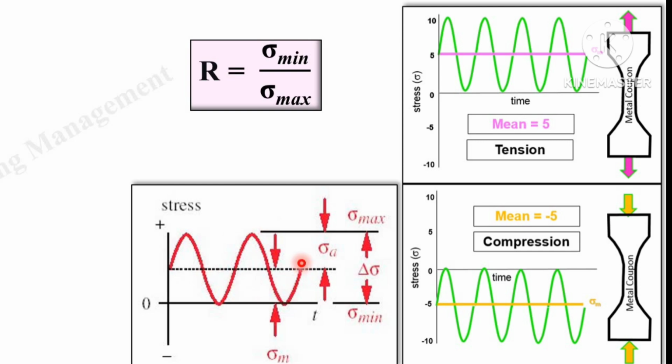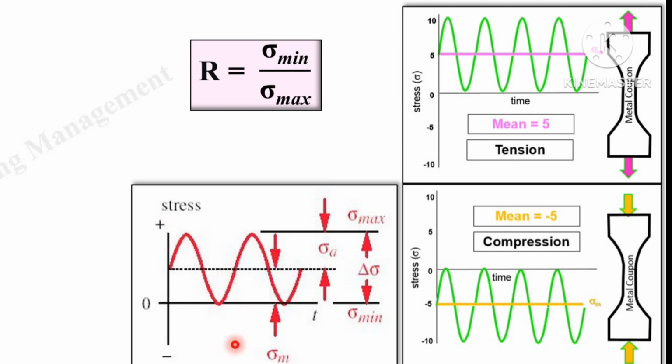And this type of stress is known as repeated stress because its nature is repeated. The stress fluctuates between a maximum value and a minimum value, but both are of the same sign. Here you can see this is the maximum value and this is the minimum value. Both are on one side of the zero mean line. Here both are positive values.